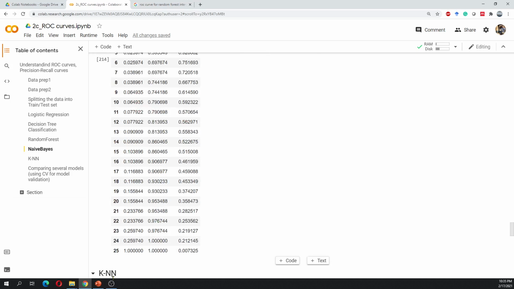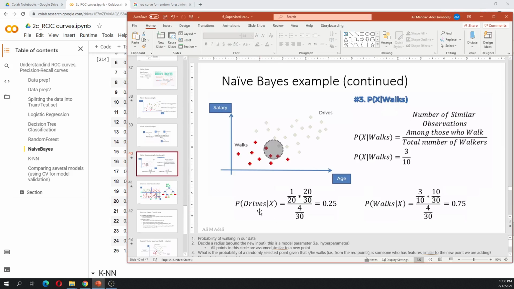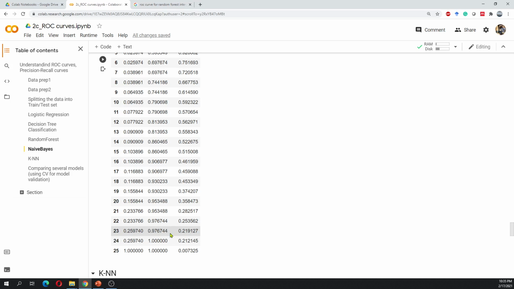That means if I was doing the naive Bayes classifier, I would set it such that if the probabilities of belonging to the 0 class and the 1 class are calculated, and this one is above or equal to 0.21, I would assign it to the 1 class. So that's what this means.